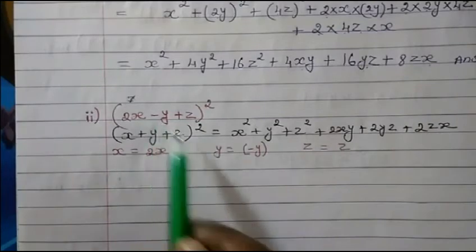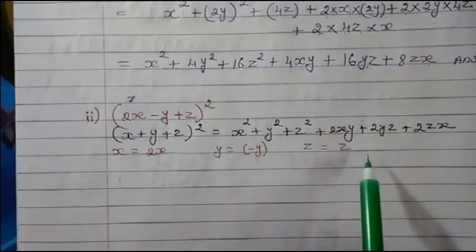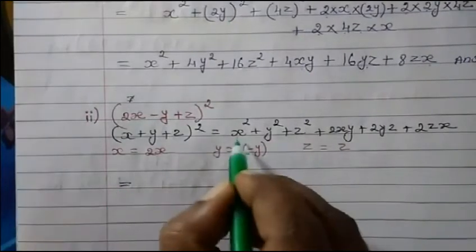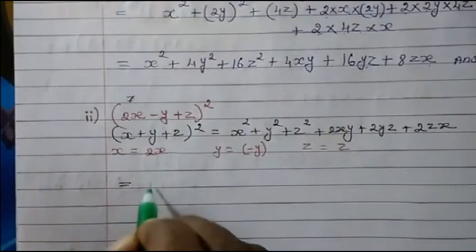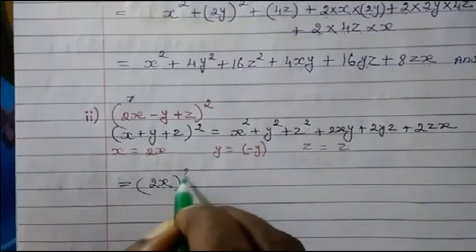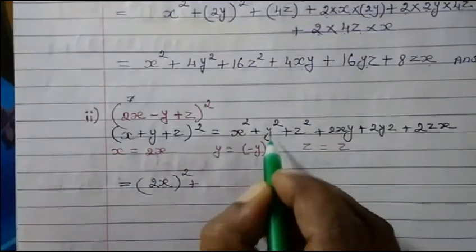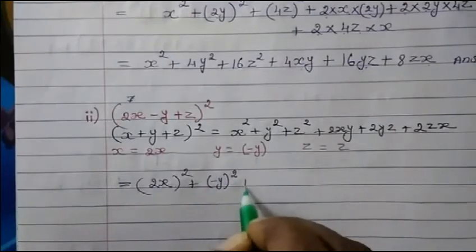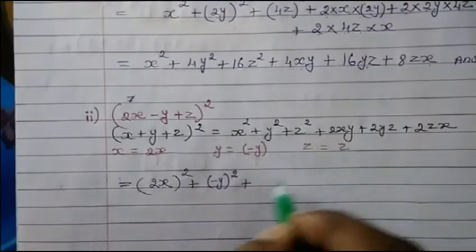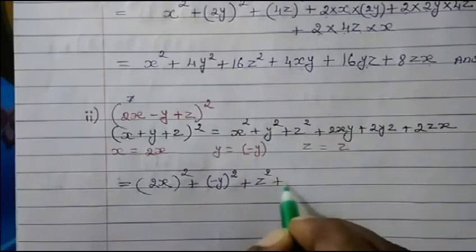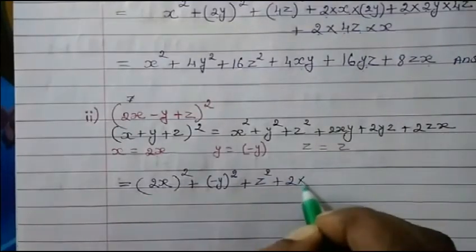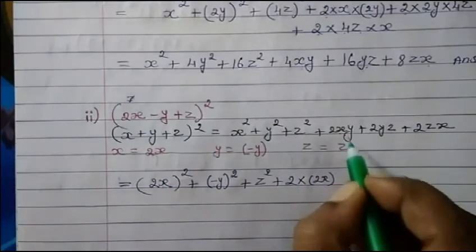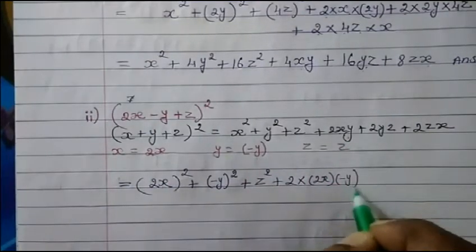So in the place of y we have minus y. So I wrote down all the values. Now let's quickly solve this. So in the place of x square what we have? 2x we have, so square. Plus in the place of y we have minus y, so minus y square. Plus in the place of z we have z only, so z square. Plus now 2 into x is 2x, then y is minus.